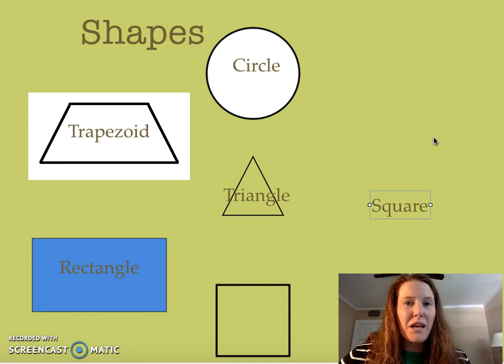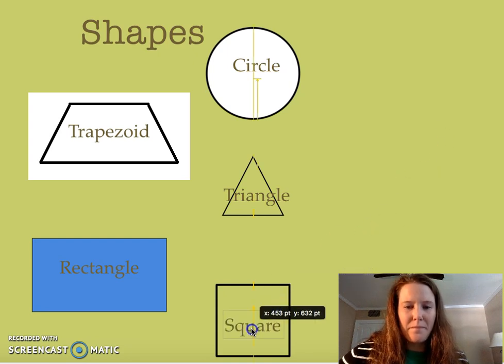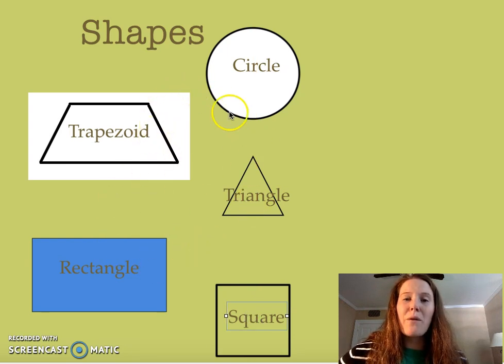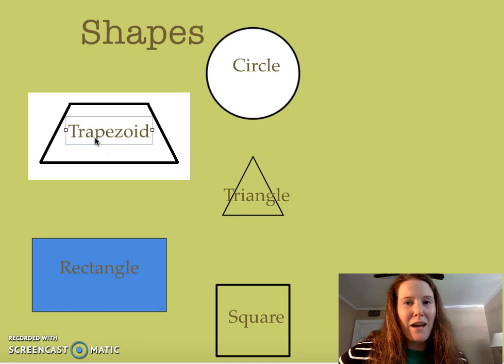Do you see a shape where all the sides are the same? Good job, let's match them up. Good work. Now we have all our shapes: the circle, the triangle, square, the rectangle, and the trapezoid. Good job finding all the matches. Let's keep going.